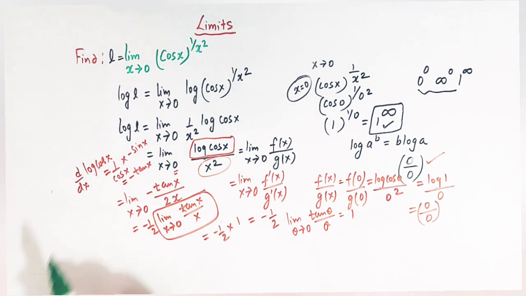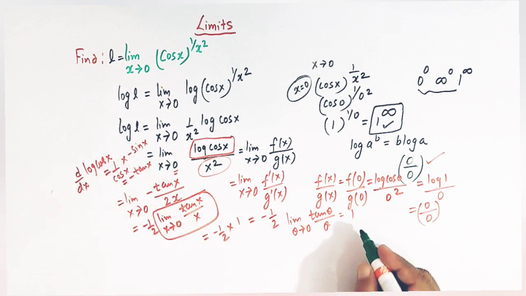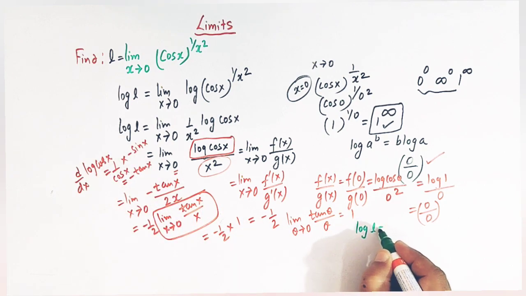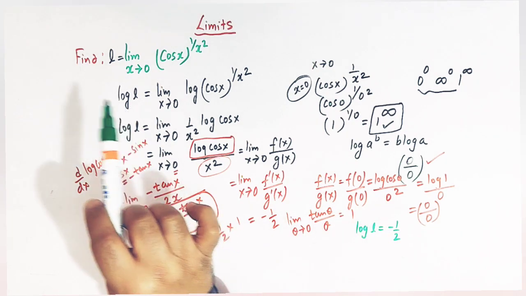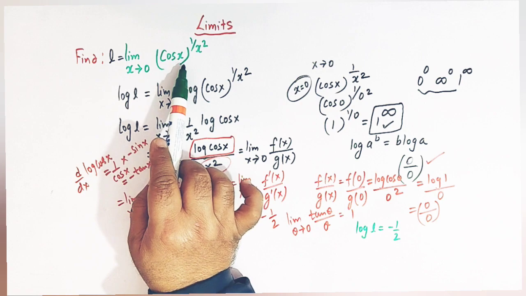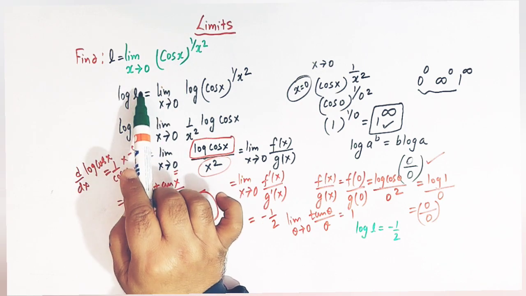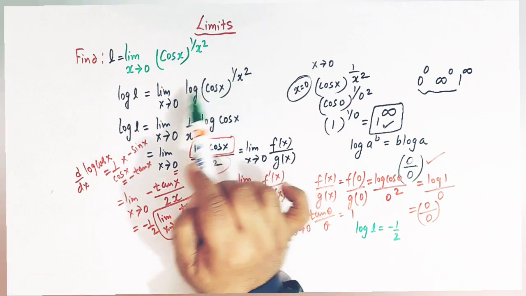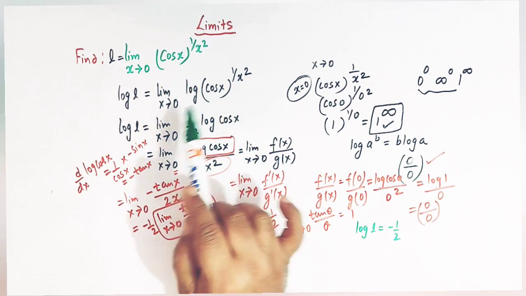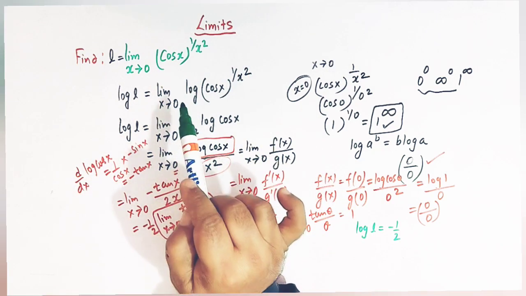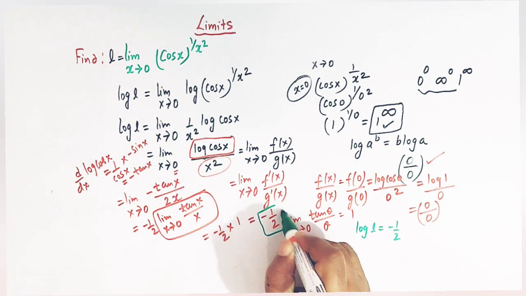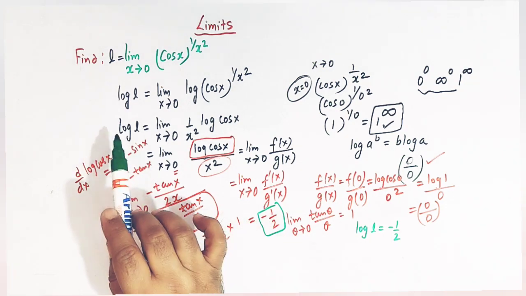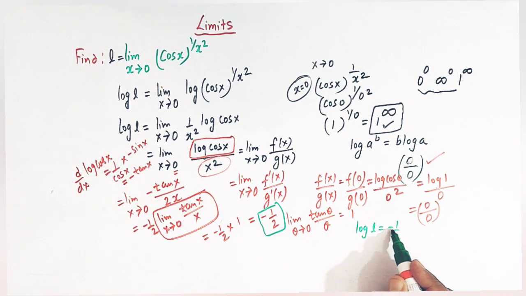So viewers, we have log of L is equal to minus 1 over 2, right? Because we have taken the logarithm of both sides, and we have log of L on the left hand side and this limit on the right hand side, and we have evaluated this limit by using the L'Hopital's rule, and we have arrived at this value, that is minus 1 over 2. So log of L is now equal to negative of 1 over 2.